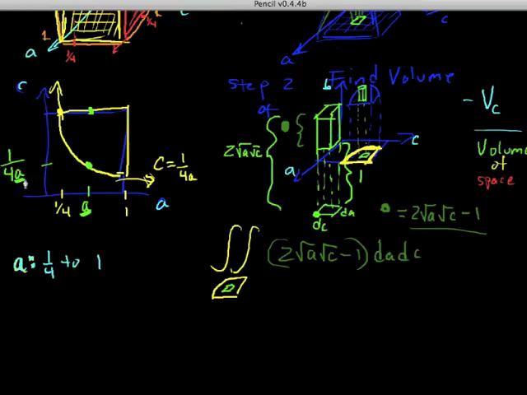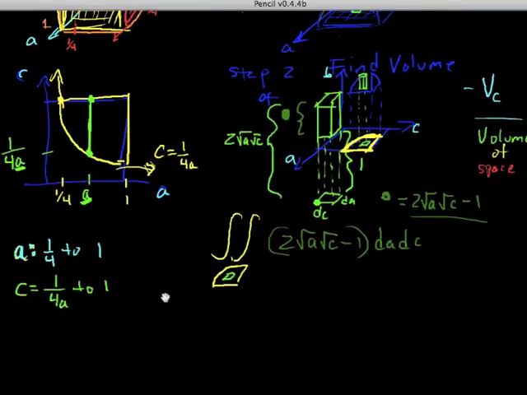So it really depends on A, and then it goes all the way up to 1. Right? So C goes from 1 over 4a to 1. It's probably the second hardest part of doing this problem. It's just setting this up.